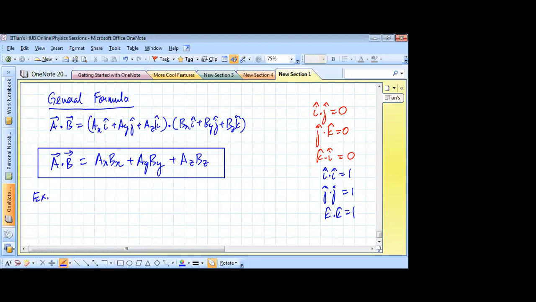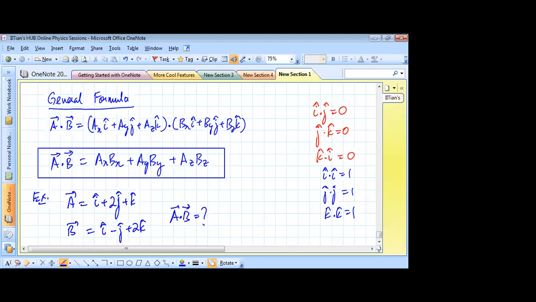Okay. So for example, if the vector A is, let us say, I cap plus 2J cap plus K cap, and the vector B is, let's say, I cap minus J cap plus 2K cap. Now A dot B will become how much?